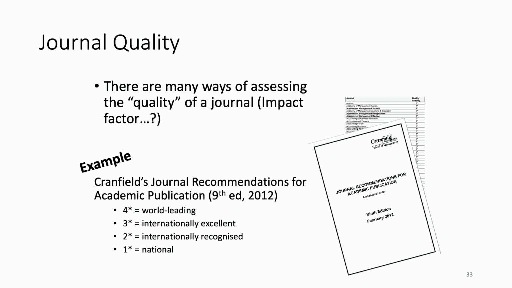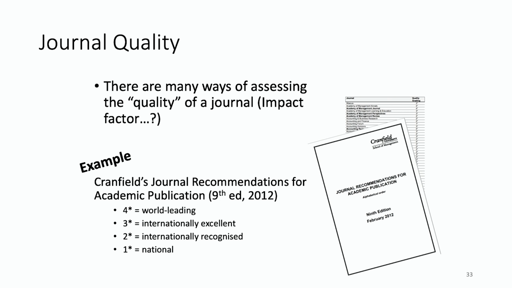I think it's also important to have an up to date list because in many cases, for example the ABS ranking, which is the ranking of business journals, several versions exist, and a new version comes out every now and then.